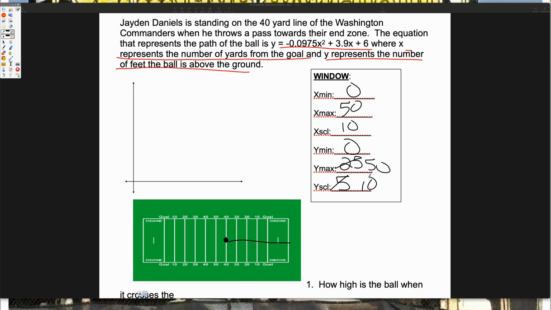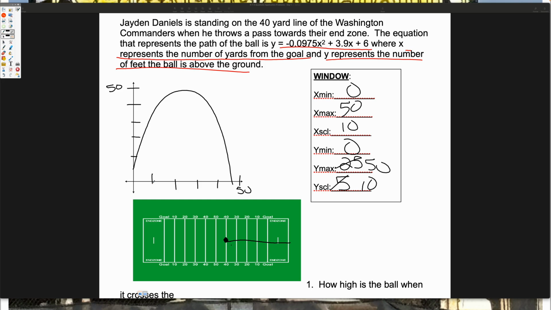Okay, now I can see the full entire graph from start to finish. I'm going to go ahead and sketch it real quick. Nothing too crazy. So my max on my graph was 50 up and 50 to the right. It looks something along those lines.